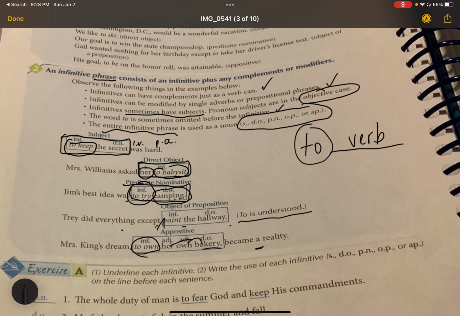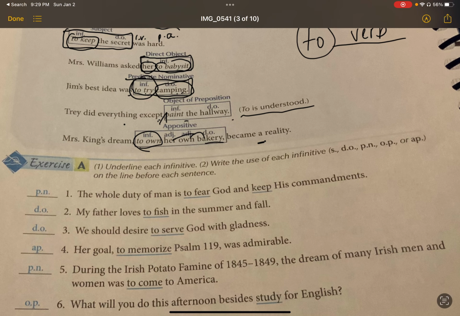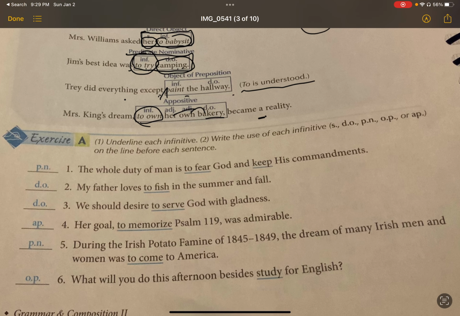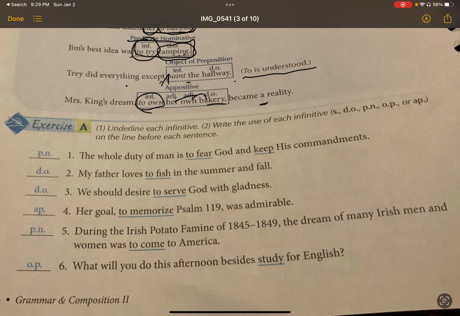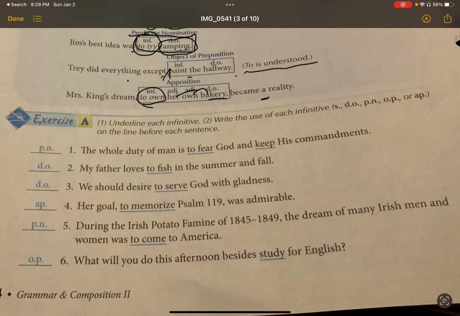Okay, so you're going to have some sentences. You're going to find the infinitive and underline it. And then you're going to write the use of the infinitive on the line out here. So, the whole duty of man is to fear God and keep his commandments. Here's the first infinitive, to fear, and the word to is left out here, but it's to fear and to keep.